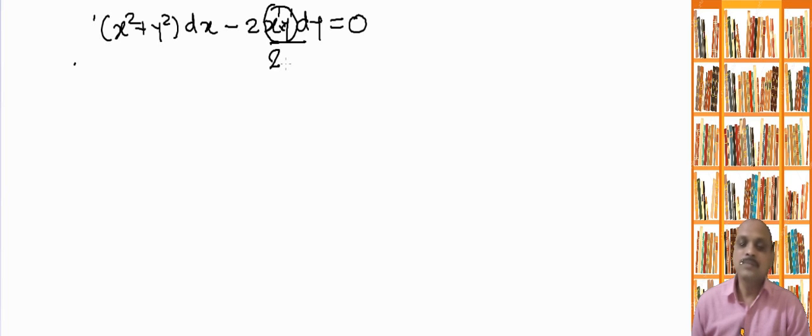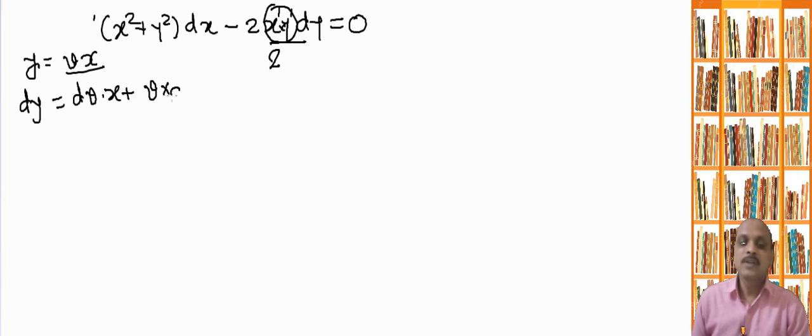Now to solve this homogeneous equation, as we have just seen, we put y equal to v into x. Then dy, applying the product rule, derivative of the first term dv, second term as it is, plus first term as it is, derivative of the second term dx.